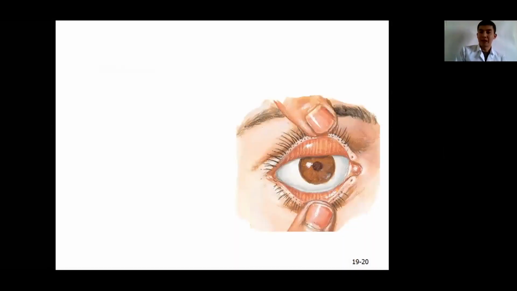In this presented diagram, you see the palpebral fissure. You see the white of the eye, which is sclera, and deep to the transparent cornea, we can see the iris with pupil.